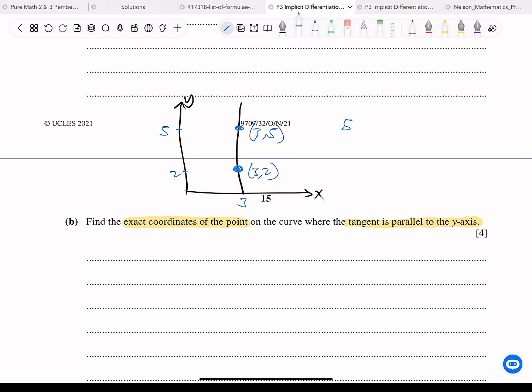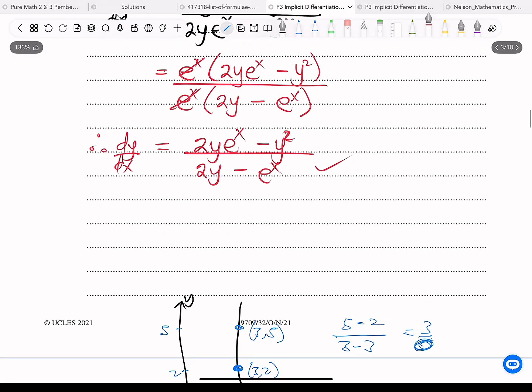That's (5 minus 2) over (3 minus 3), you get 3 over 0. So as you can see, the denominator must be what? 0. So if the denominator must be 0, then you want to equate the denominator of your dy/dx to 0. Okay, so that's what we are going to do.